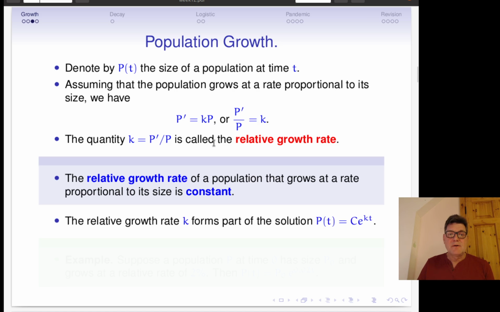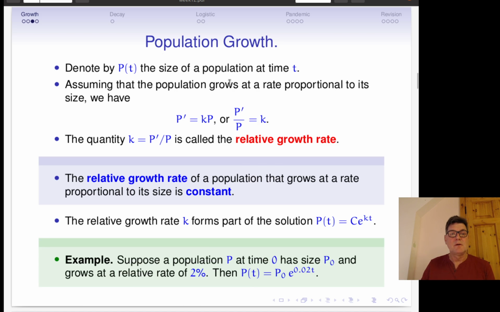And together with this capital C, which is the initial value, the growth rate k completely determines the solution, the model or the function p of t that describes the growth of this population. So if you know the c, the initial value, and the relative growth rate, you know this exponential function that describes the population growth precisely.